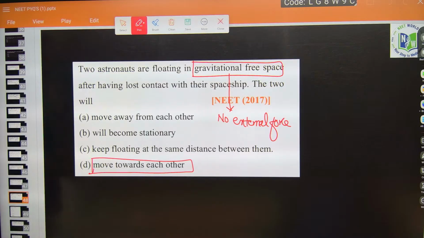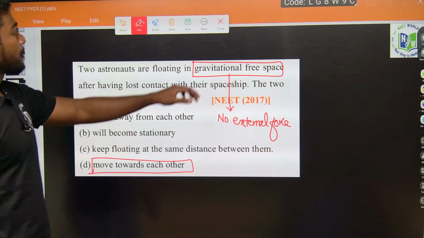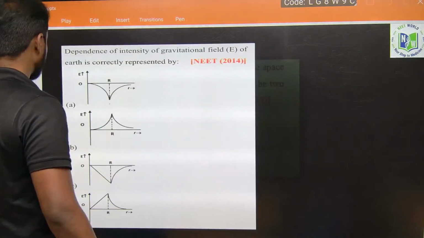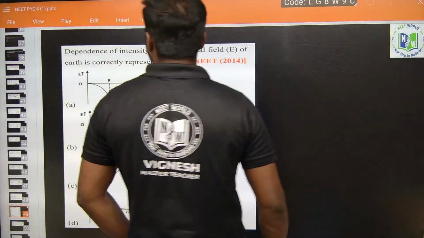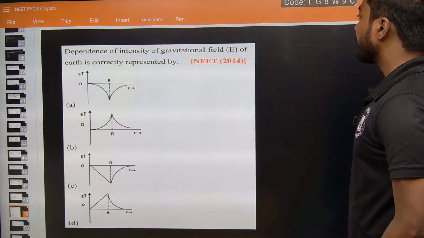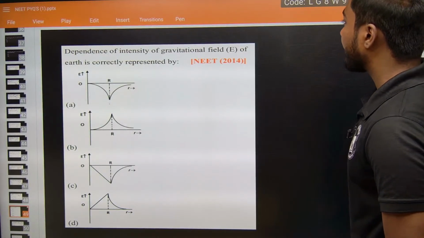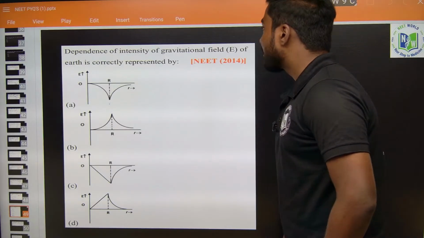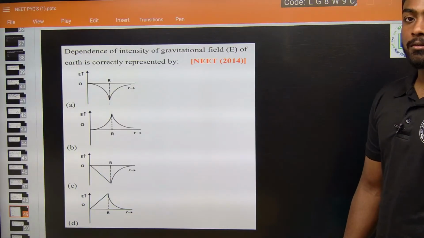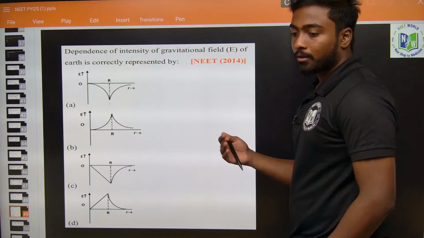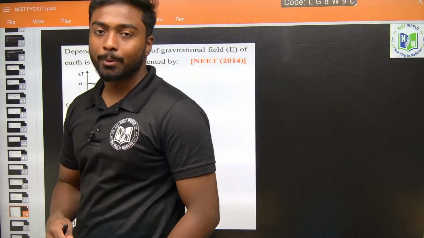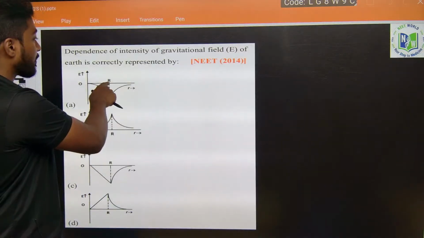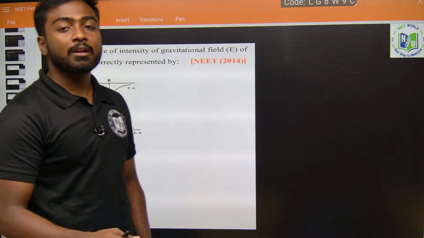We'll go for the next question. The intensity of the gravitational field E of Earth is incorrectly represented by which? So for the gravitational field, inside Earth, E is directly proportional to R, and outside, E is inversely proportional to R square.